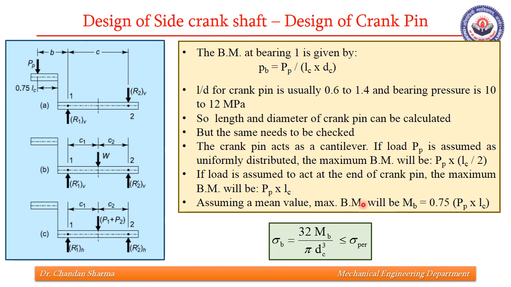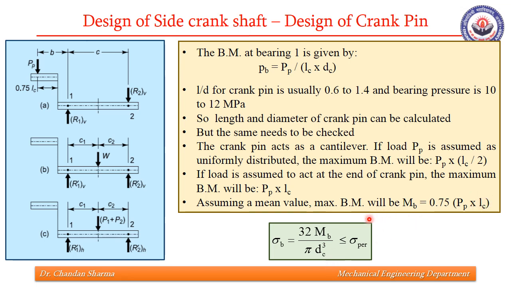So MB will be 0.75 PP into LC, or in other words MB is PP, which is load, into length, which is 0.75 LC. In all the future analysis, we will assume the load PP to act at a distance of 0.75 LC.